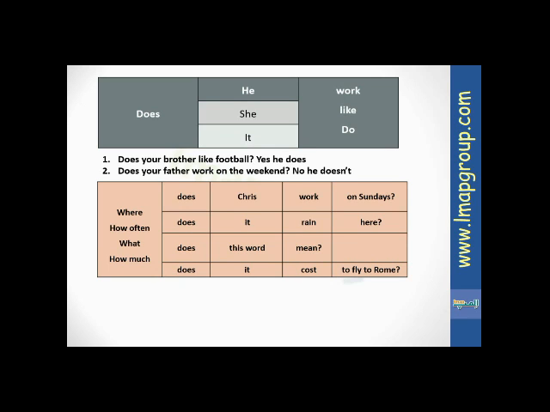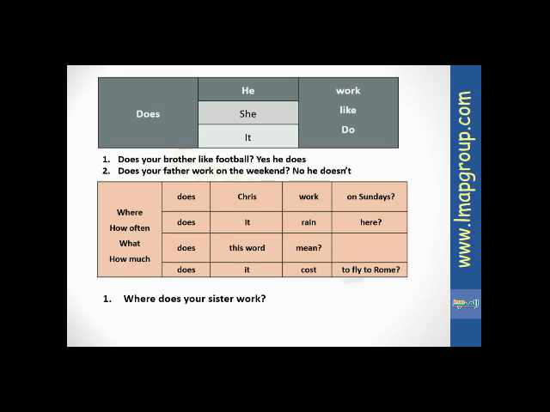WH word داریم مثل where, how often, what, how much. بعد فعل کمکی does رو داریم. چرا؟ به خاطر اینکه ضمیر ما یا در واقع فاعل ما در این جملات سوم شخص مفرد هستش. برای همین نمیتونیم از do استفاده کنیم، از does استفاده میشه. و به خاطر اینکه does داریم اس سوم شخص همه فعل هامون حذف میشه. اوکی.